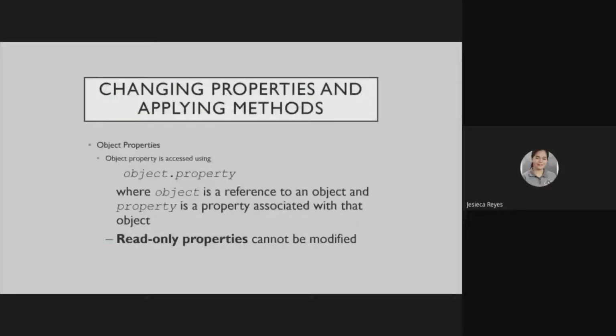Okay, so for changing properties and applying methods, we have here object.property. So object here is a reference to an object and the property is a property associated with that object. And there are read-only properties that cannot be modified.